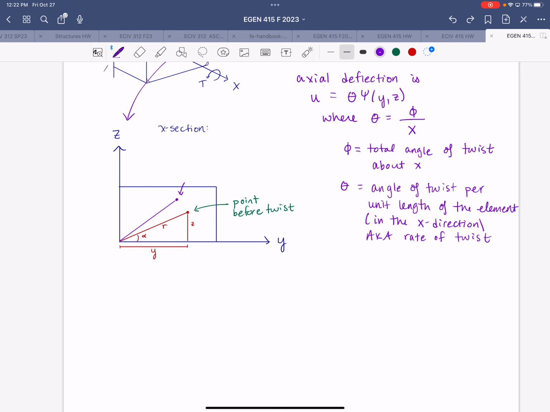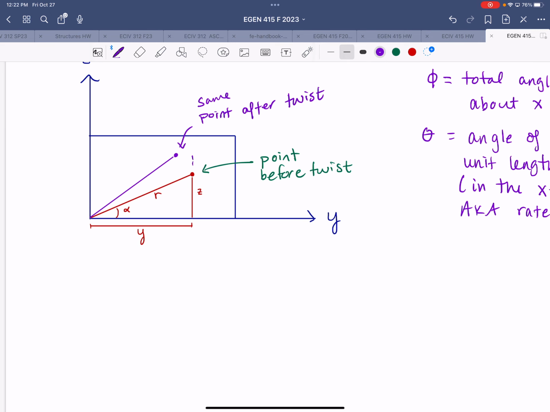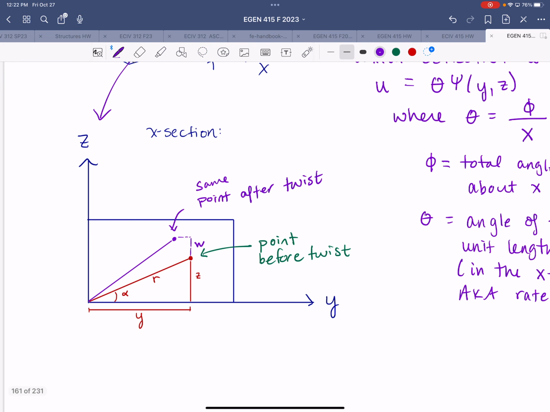So that's its location after twist. And we can break that down as a change in the Y direction and in the Z direction. We'll call the change in the Z direction W and the change in the Y direction V.